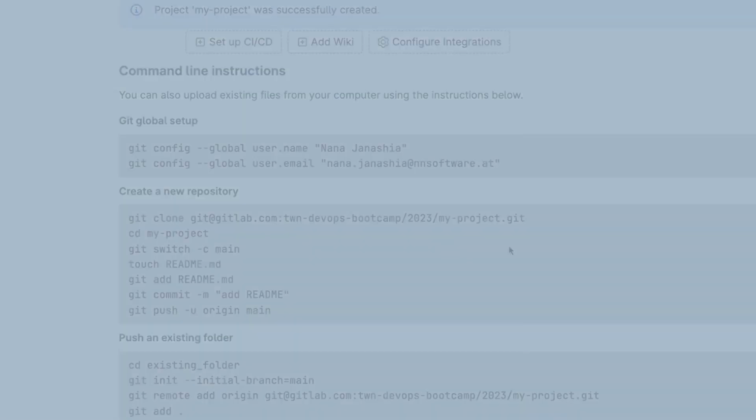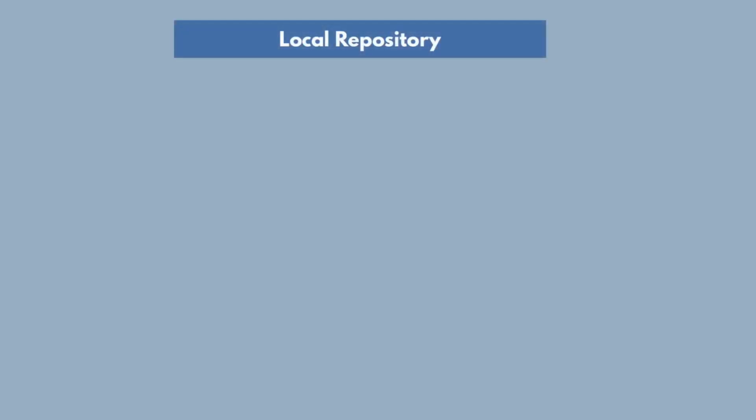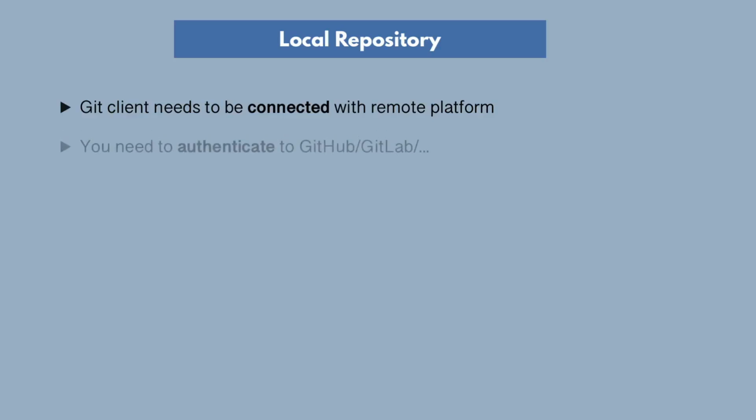However, before I can clone any repository on GitLab or GitHub, I have to connect my Git client with GitLab or GitHub. And with connecting, I mean I have to tell GitLab, hey, I have an account on GitLab. This is me as a user, and I'm trying to connect from my machine using a Git client.